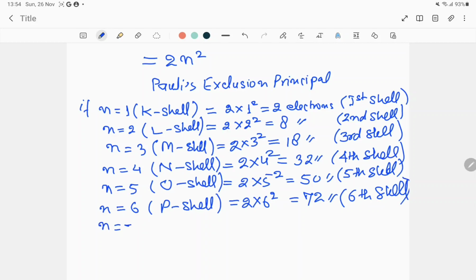If n is equal to 7, then Q shell, that is 2 into 7 square is equal to 92 electrons in the seventh shell.